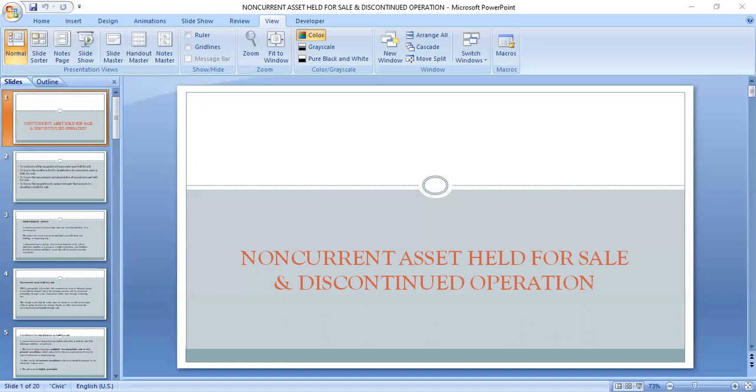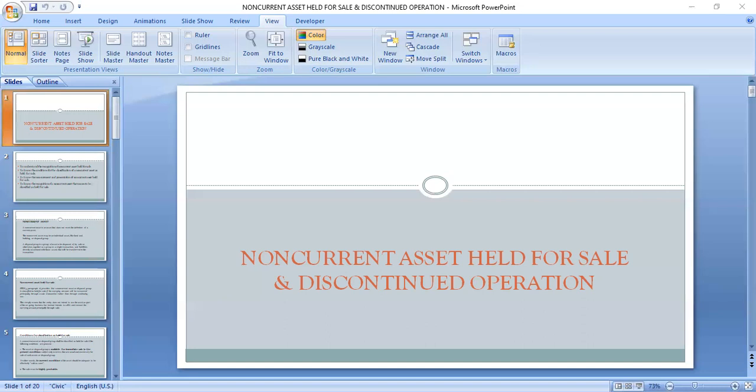In other words, the assets of the disposal group shall be described as non-current asset classified as held for sale, presented separately as single amount under current assets. So take note of this very, very important change. The liabilities of the disposal group shall be classified as liabilities directly associated with non-current assets classified as held for sale, presented separately as single amount under current liabilities.